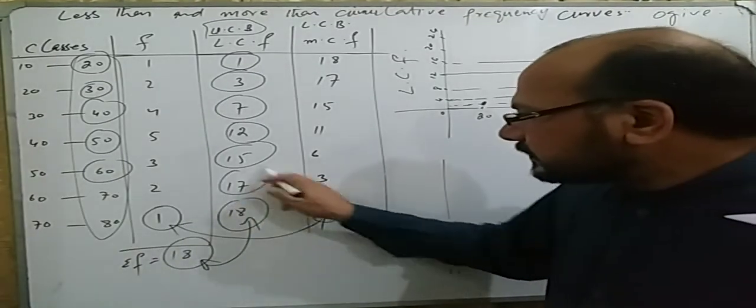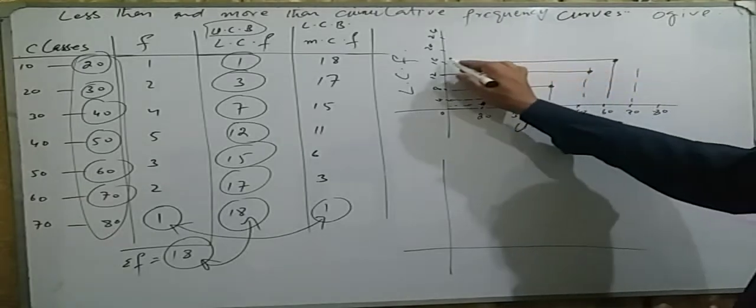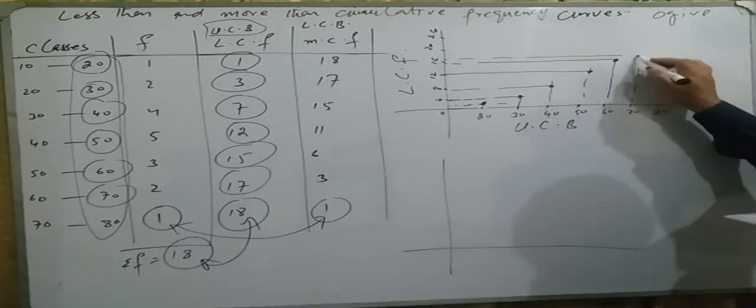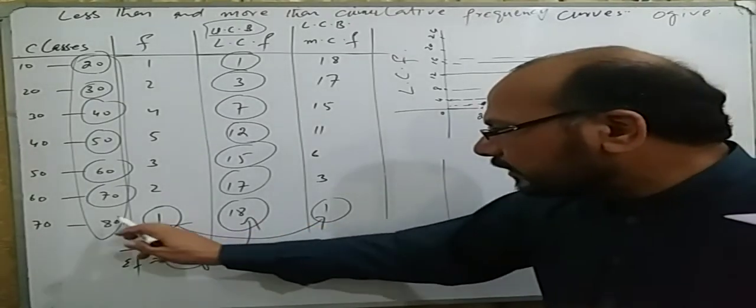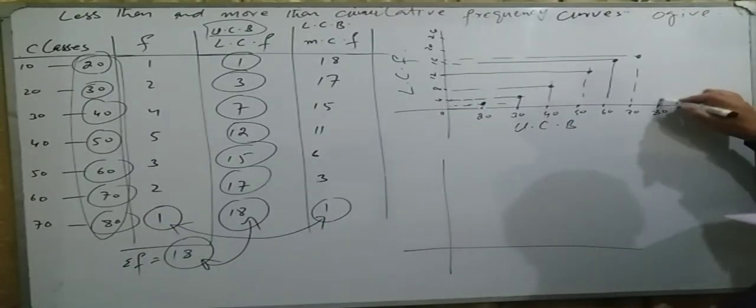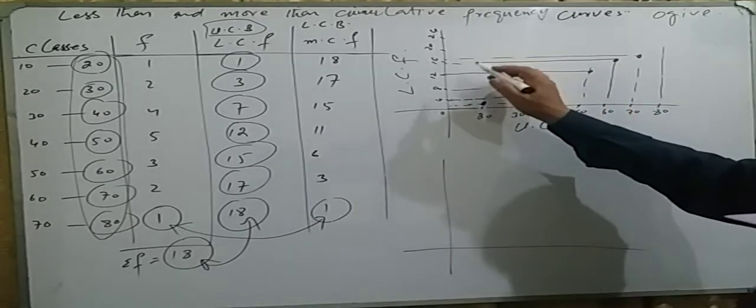And then 17 on 70, 17 just above 16. And then 18 on 80. 18 is the cumulative frequency at the upper class boundary 80.